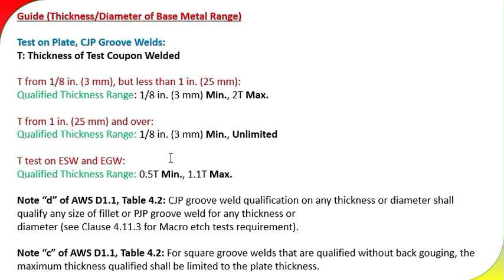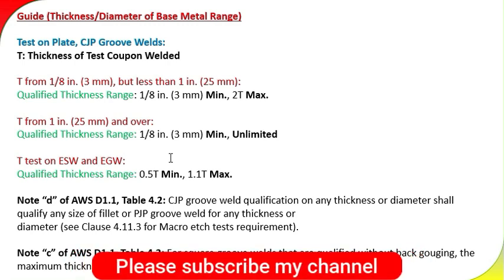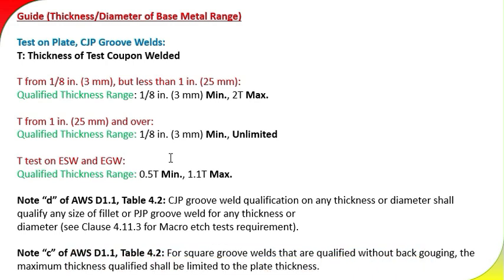Means if you are qualified in complete joint penetration groove weld on any thickness or diameter, this shall qualify the partial joint penetration and fillet welding also. You can see the testing requirements for PQR in 4.11.3 for macro test, how many macro tests you need to do, mentioned there.